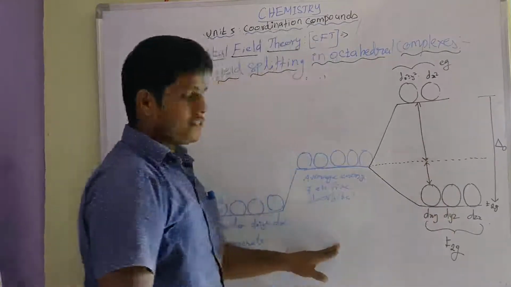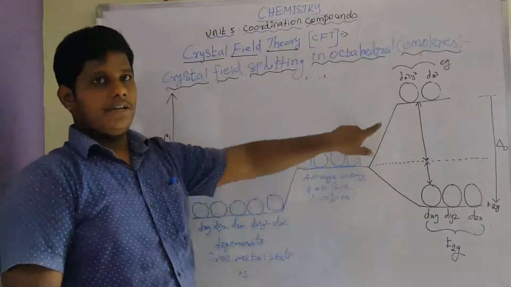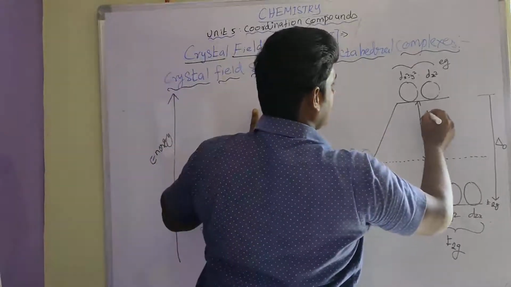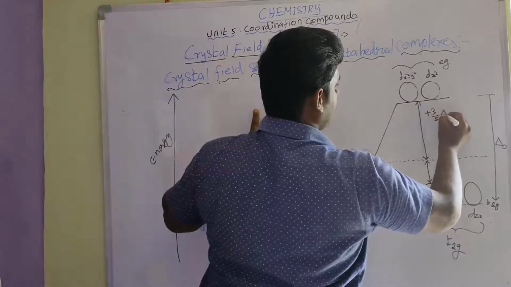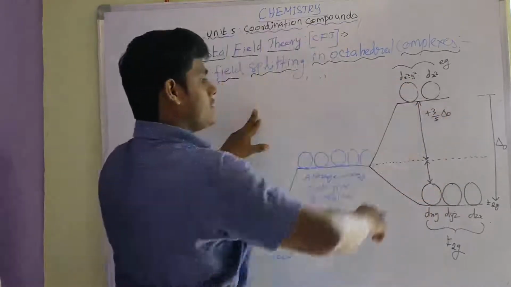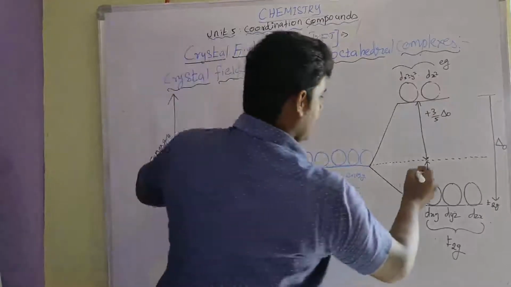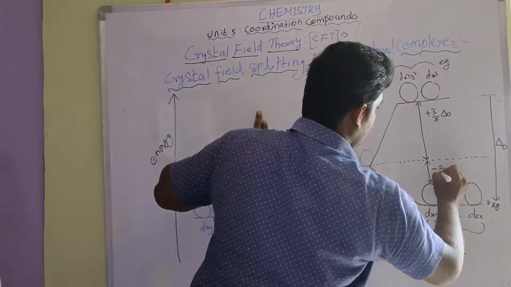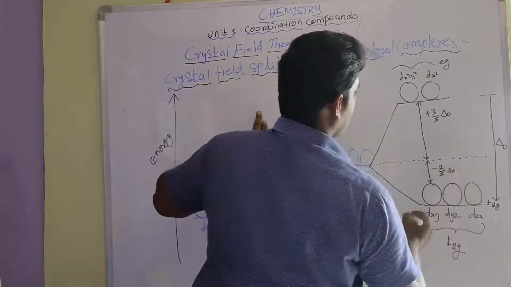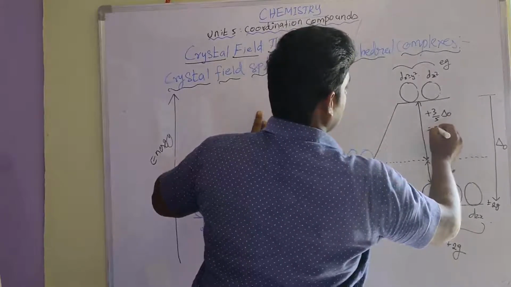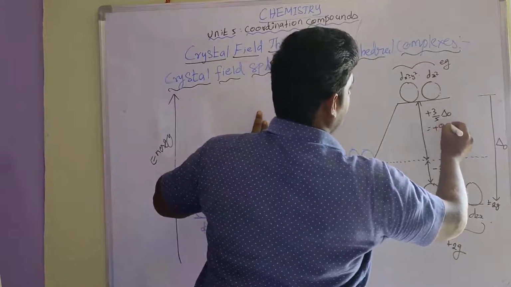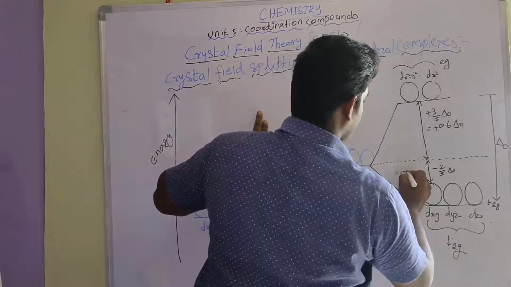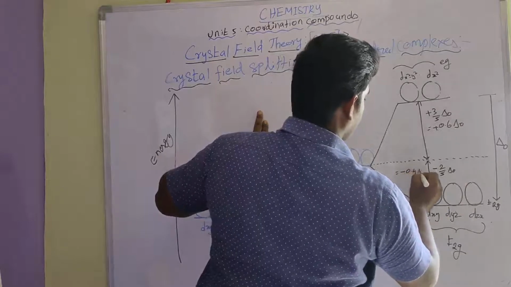For the Eg set, the energy is increased by plus 3 by 5 delta naught, that is plus 0.6 delta naught. For the T2g set, the energy is decreased by minus 2 by 5 delta naught, that is minus 0.4 delta naught.